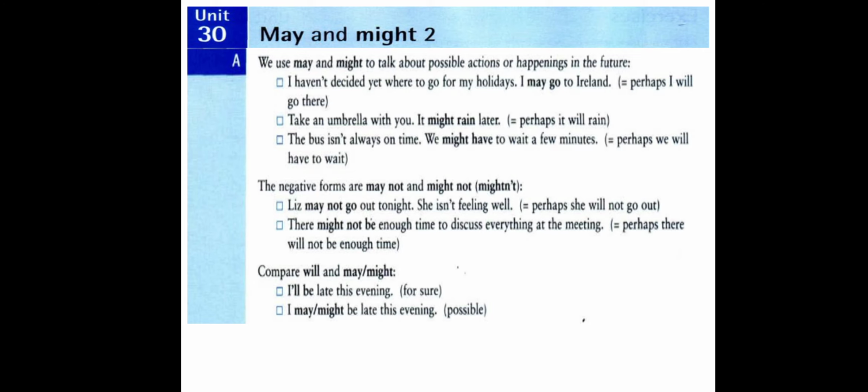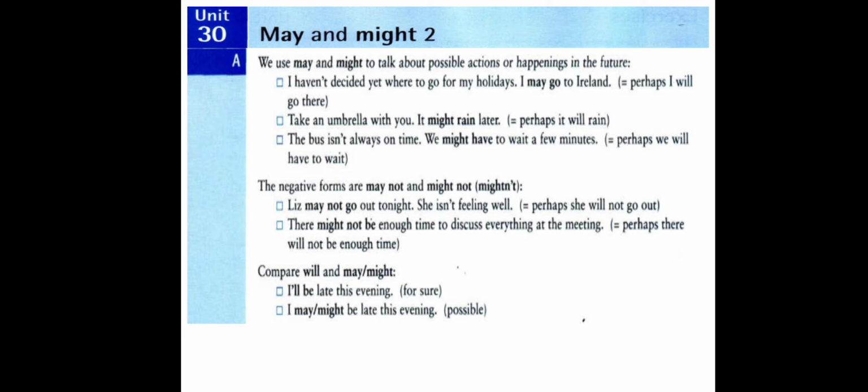The negative forms are may not and might not plus the base form, still similar to the present but used for the future. Liz may not go out tonight. She isn't feeling well. It means perhaps she will not go out tonight. We have here may plus not plus the base form used for the near future.